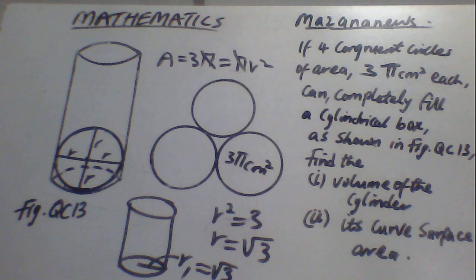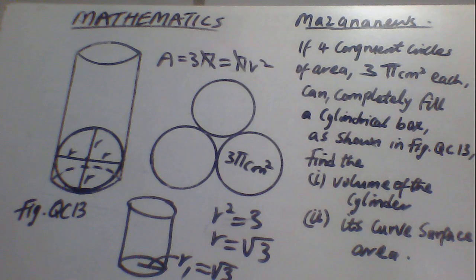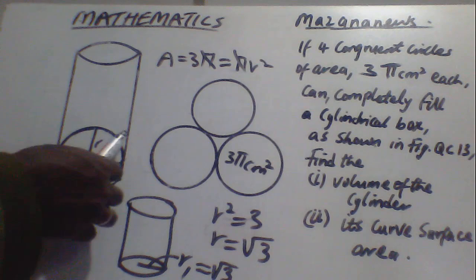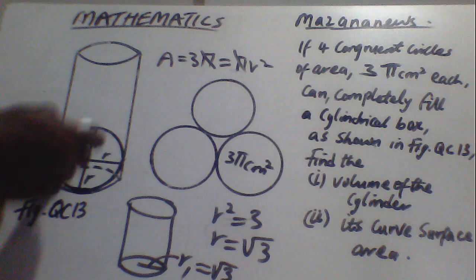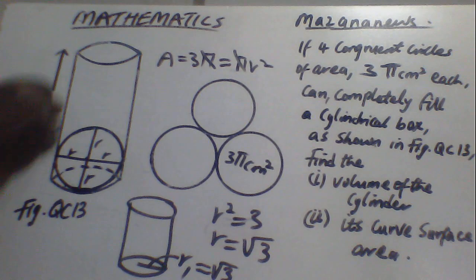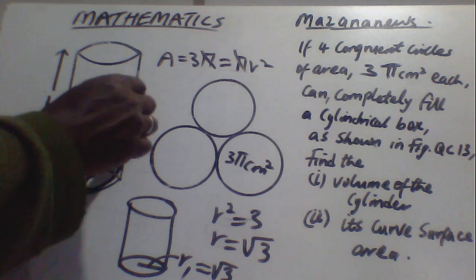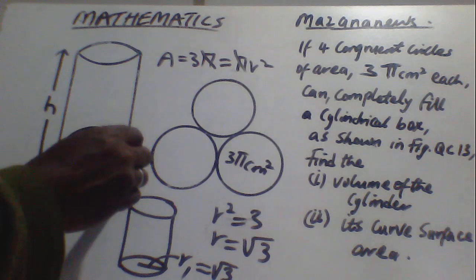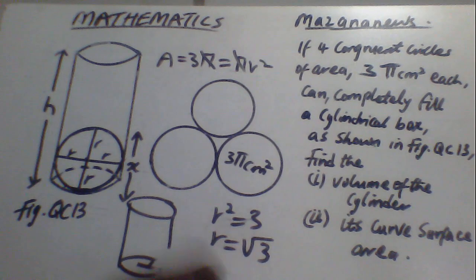Now we are told that there are 4 similar circles that can fill the cylinder. We have to find the height of the cylinder. We can call it h, and call the height of one of these circles x.